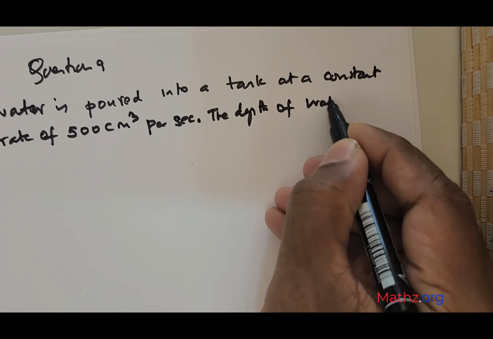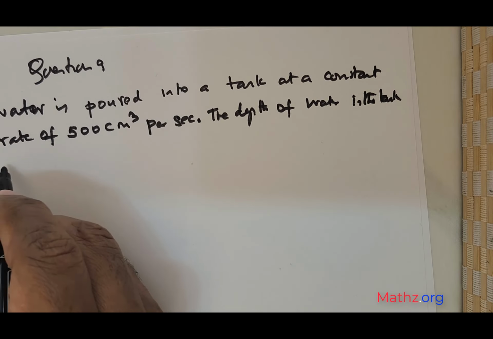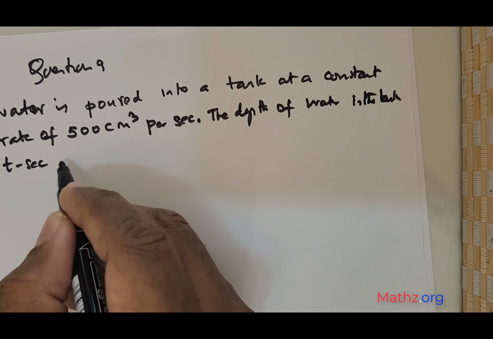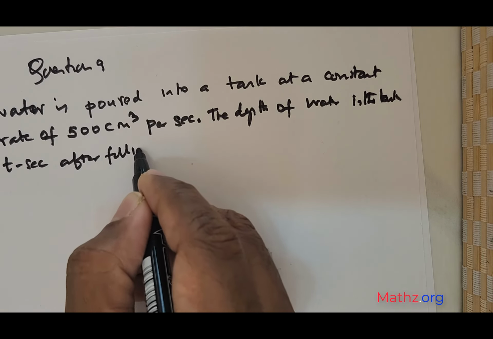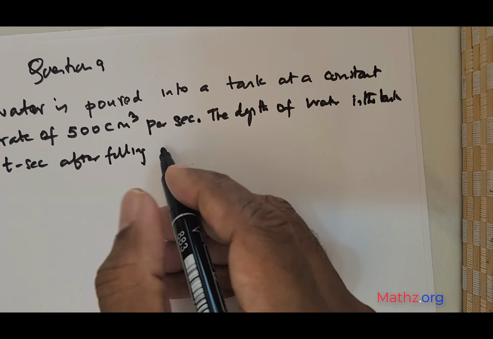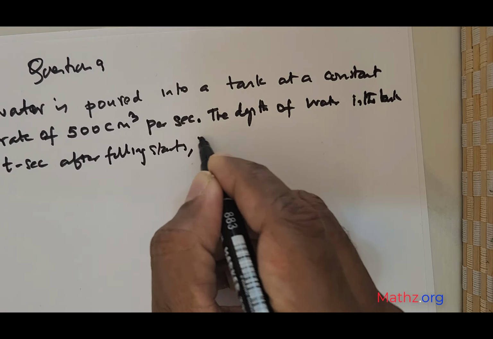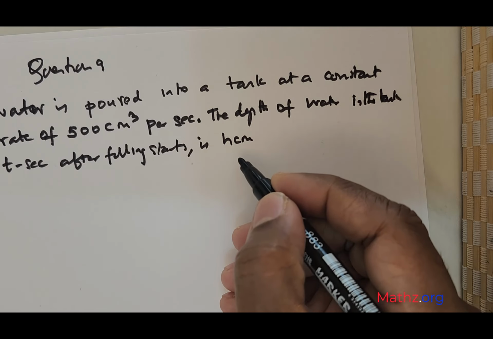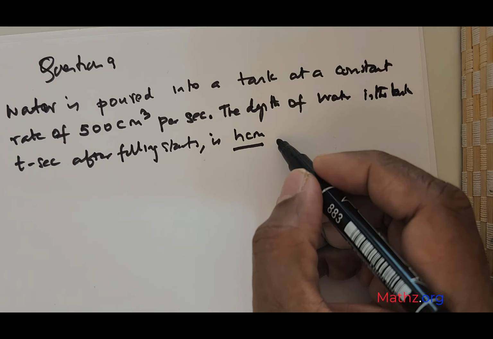The depth of water in the tank t seconds after filling starts is h cm. So this is the initial height of the water.